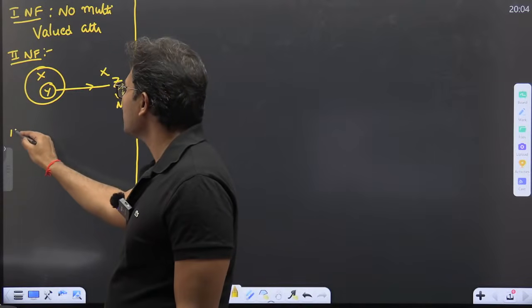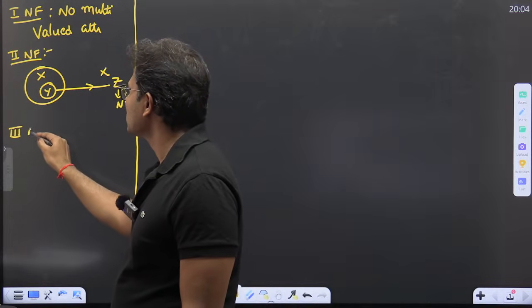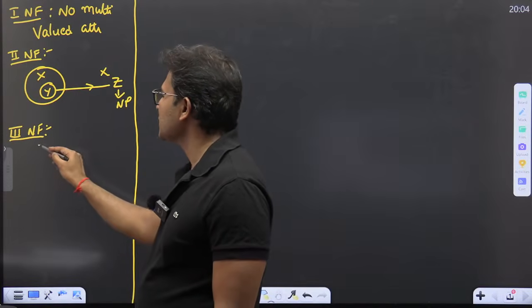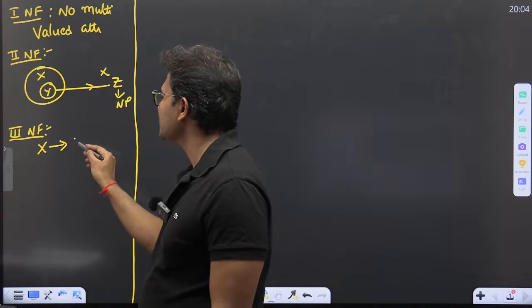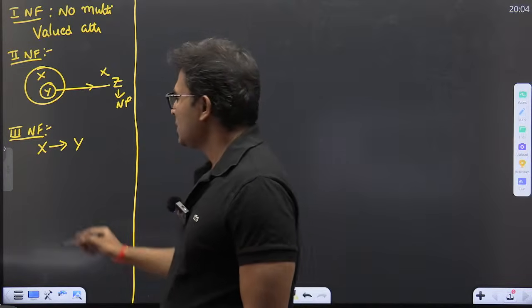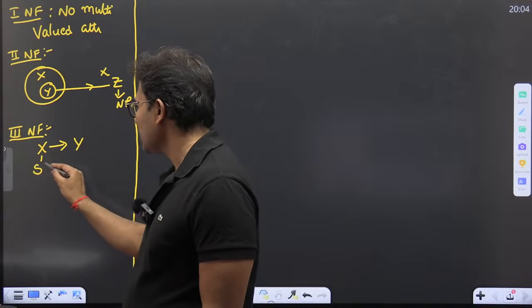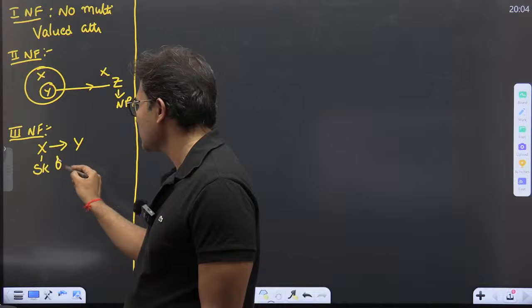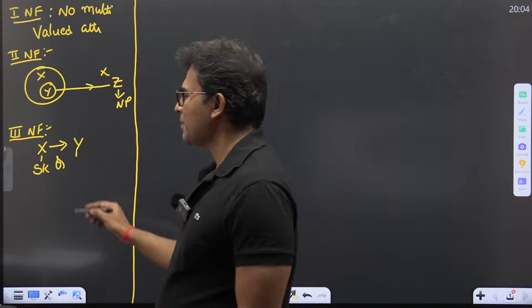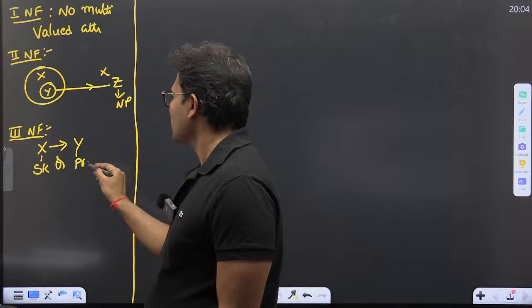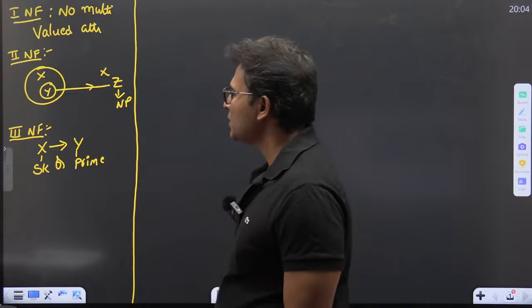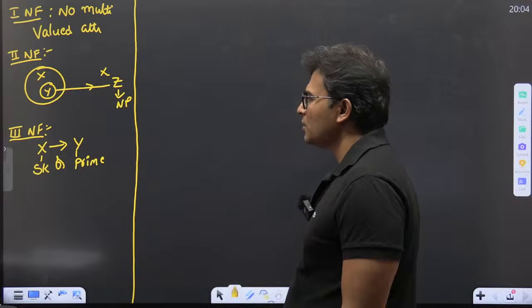Similarly, we have to see for third normal form, right? In third normal form, what is the condition? If X determines Y, in the third normal form, X must be a super key, or Y must be a prime attribute. Then only that table is in third normal form.